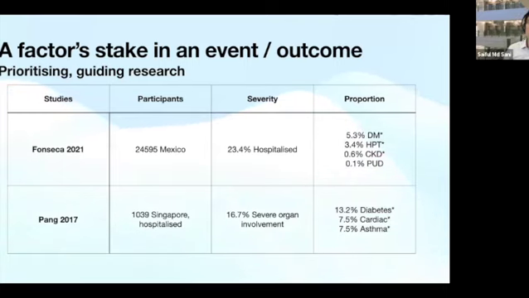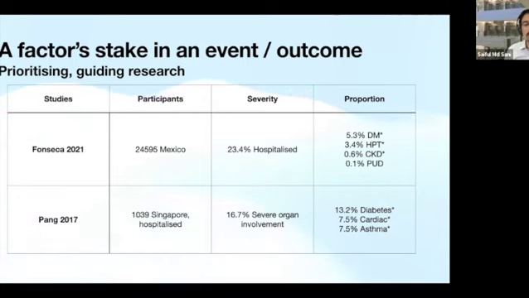So this will impact both your sample size calculation and also your length of study, how many patients you will be able to recruit in what time frame.